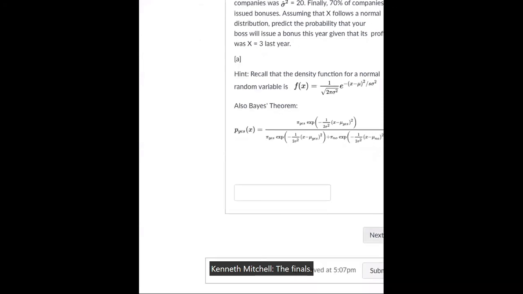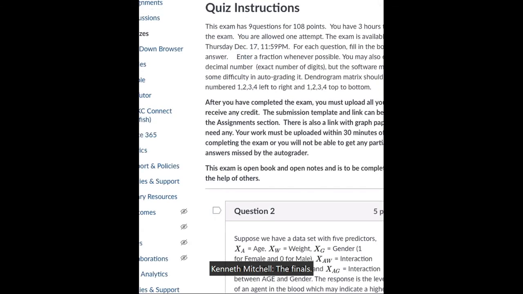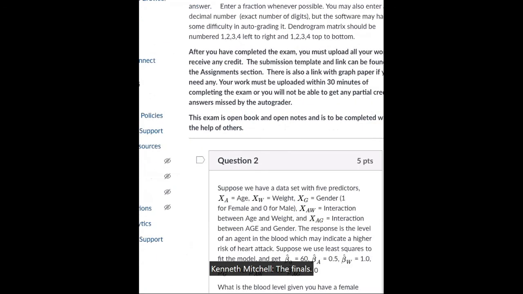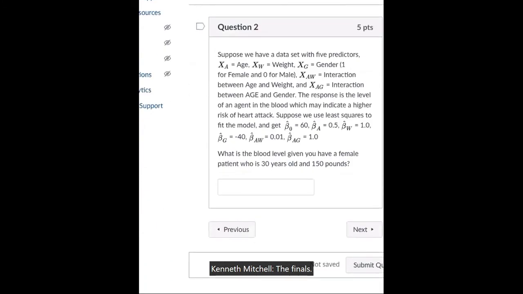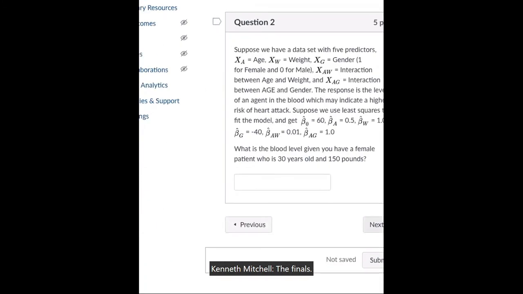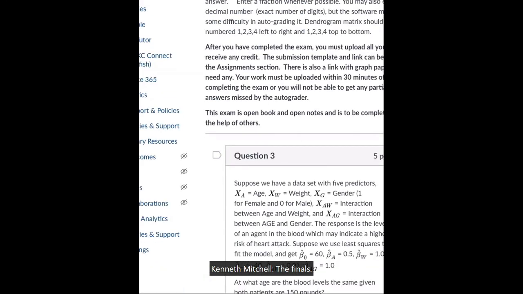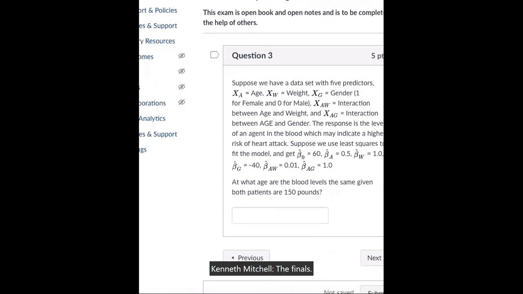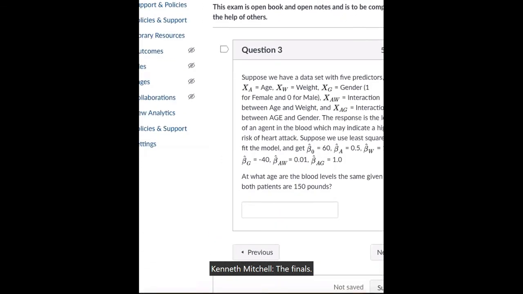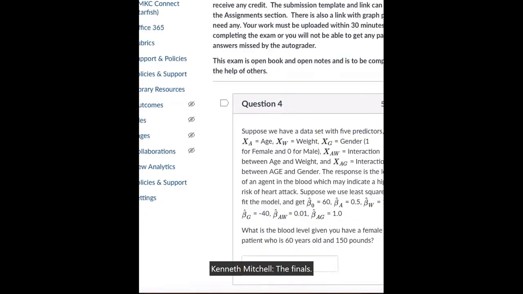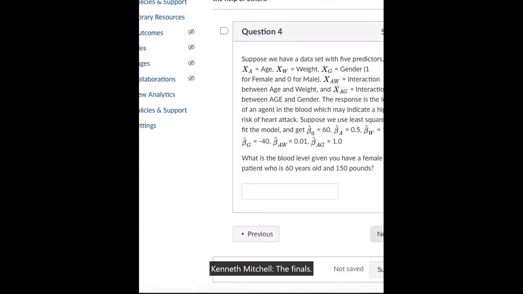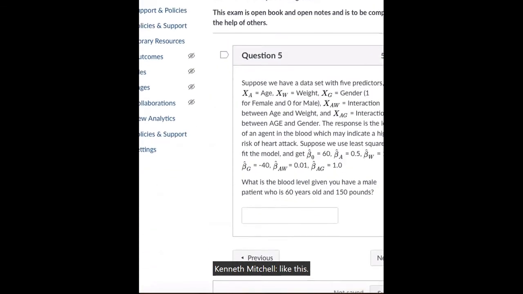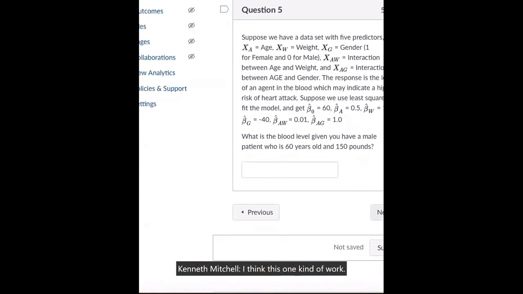Then you get question 2. They look similar. Question 3. Again, these are all similar. So it's going to be more like this. I think this one kind of worked.